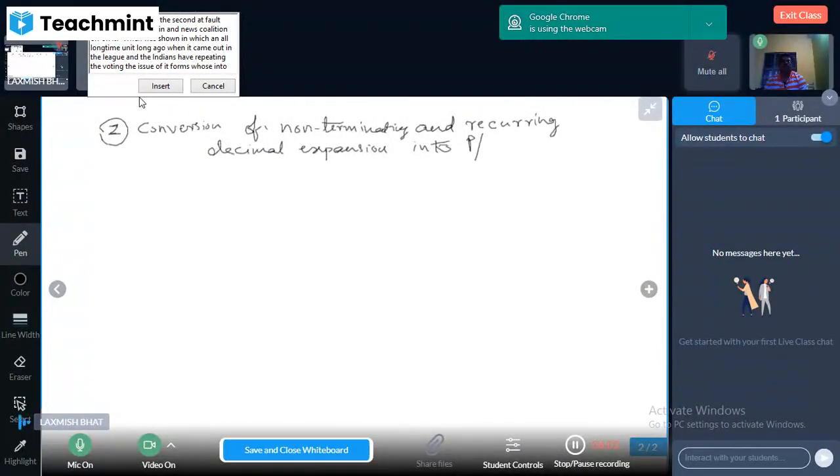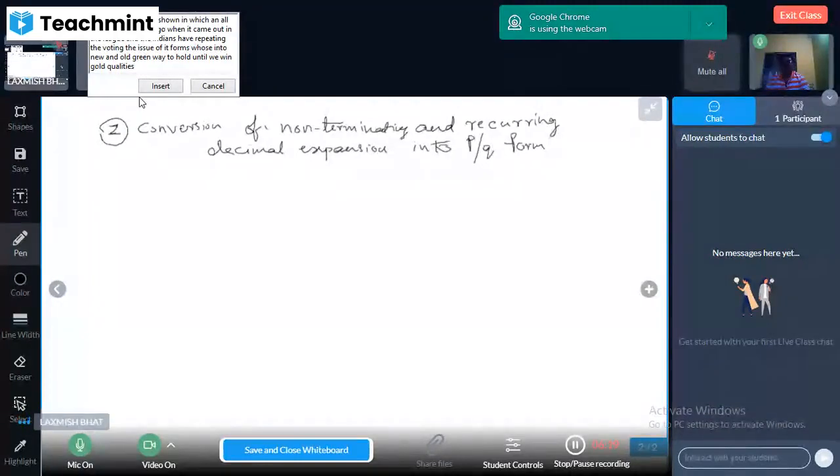Recurring means repeating. That is, here we have to convert the given non-terminating and recurring decimal expansions into P by Q form.